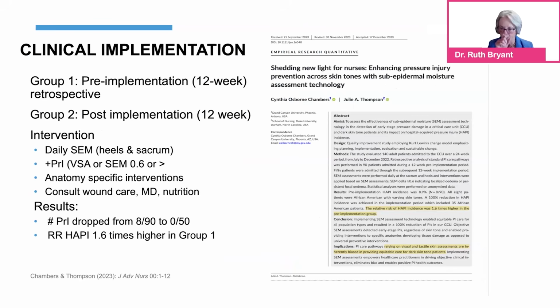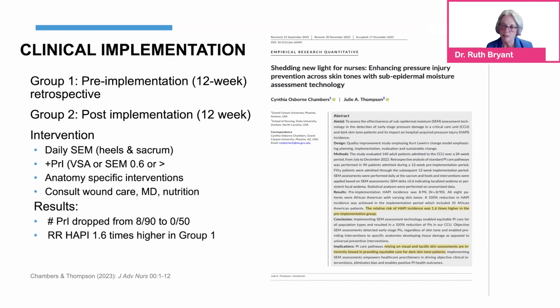This particular study I was really interested in because it was done by Chambers and Thompson, and they looked at pre-implementation, retrospectively, for 12 weeks, and post-implementation of the SEM score over a 12-week period. Their intervention between pre-implementation and post was to do the daily SEM, and then to act if the visual skin assessment or the SEM was elevated.